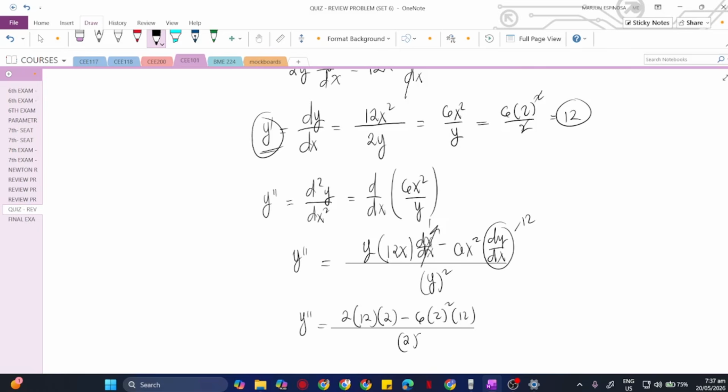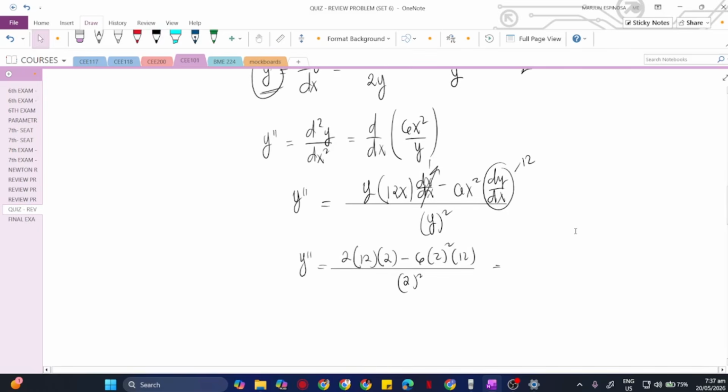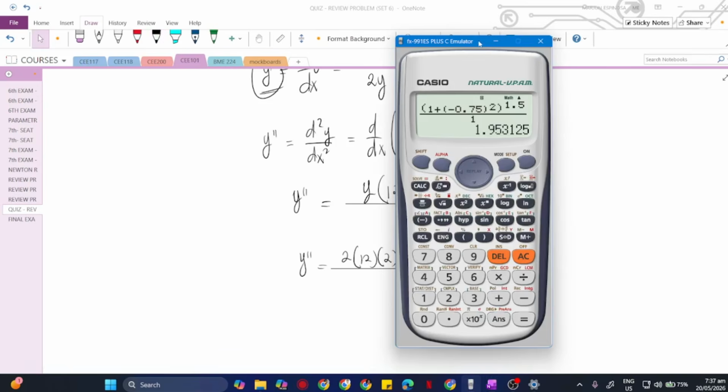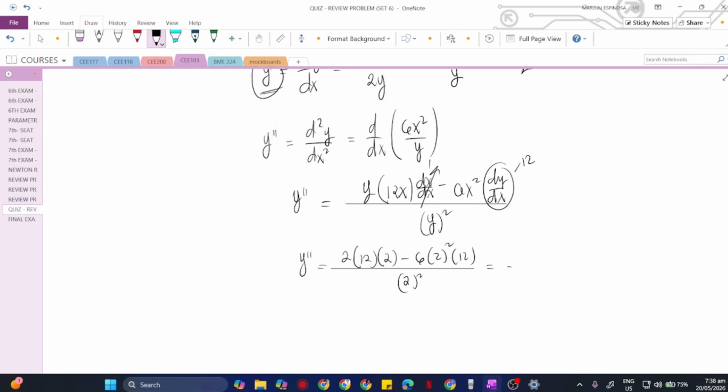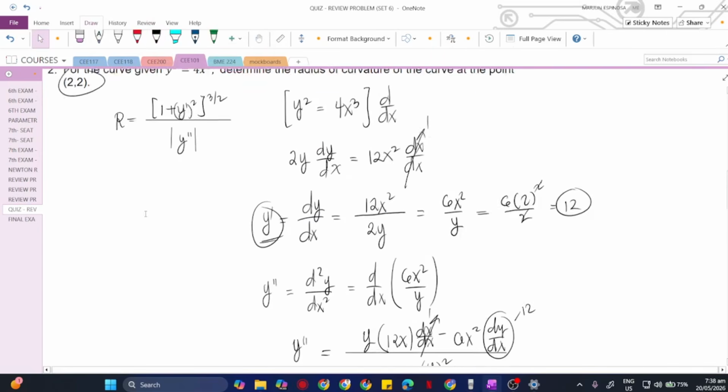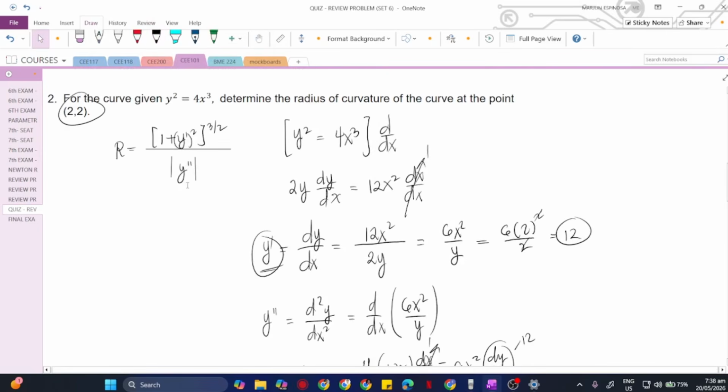Then we have 2 squared. Okay, we can use our calculator to evaluate that: 2 times 12 times 2 minus 6 times 2 squared times 12, all over 2 squared. So we get negative 60. But our formula here uses the absolute value.